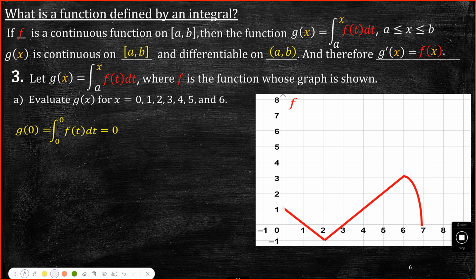Now we start measuring, and let's go to what would be the distance traveled or the area accumulated under the curve, g of 1. So how much area have we accumulated from 0 to 1? What's the area under the curve from 0 to 1? What's this area? And it's got to be positive, because it is on top of the x-axis.